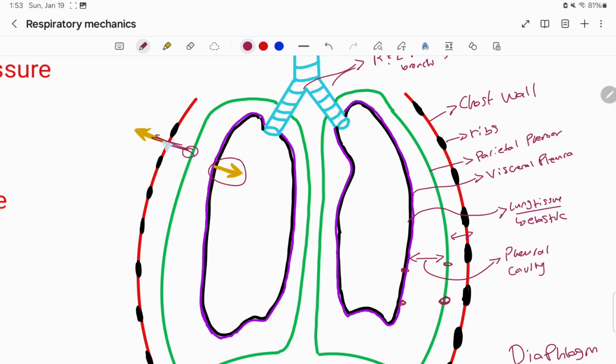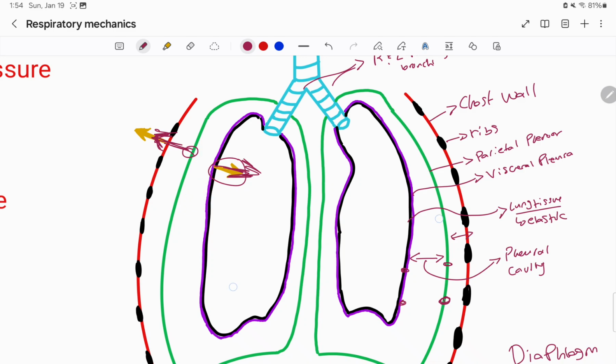If one guy is pulling this way and another guy is pulling that way, we are going to separate these two pleura from one another, because remember I said normally they're very much attached, but we're going to start separating them and creating this space here. So that's how we create this very small space that we call the pleural cavity, okay?